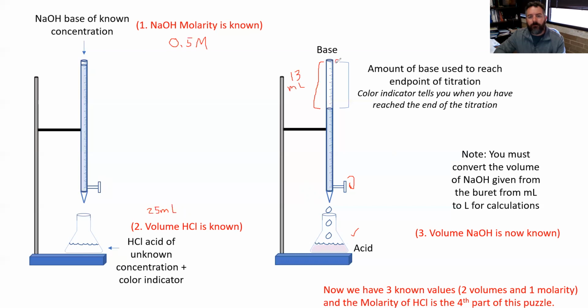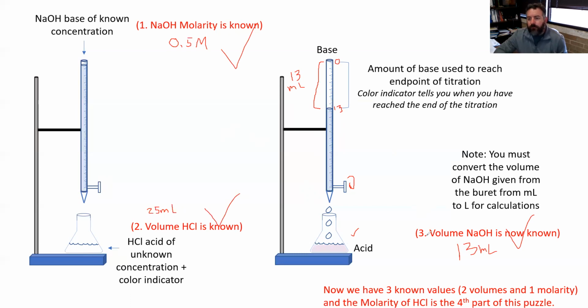So we went from 0 to 13, read in milliliters. So you used 13 milliliters of sodium hydroxide, and I'll write that 13 down here. Now you have three pieces of information: two volumes and a molarity.